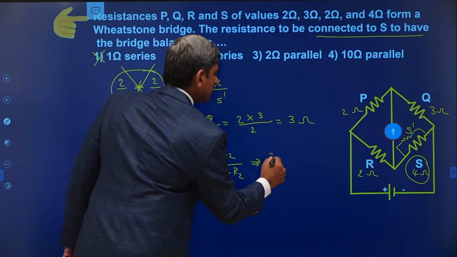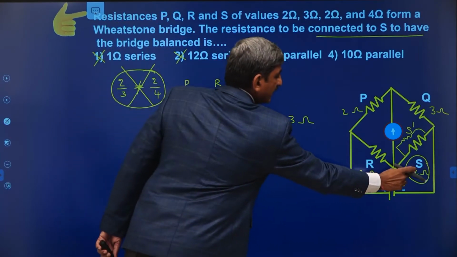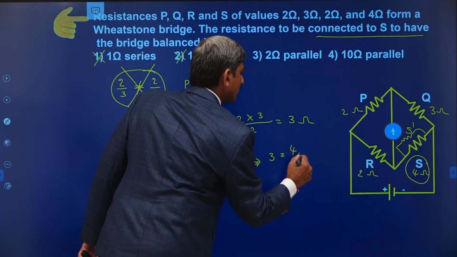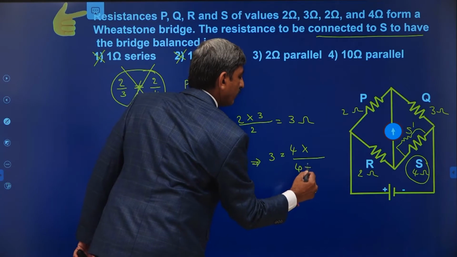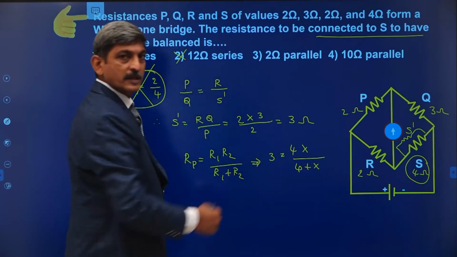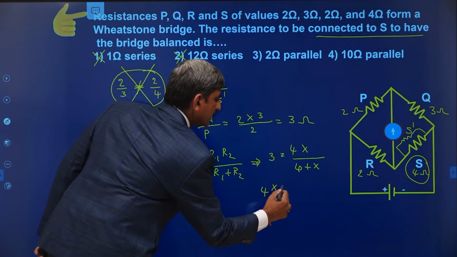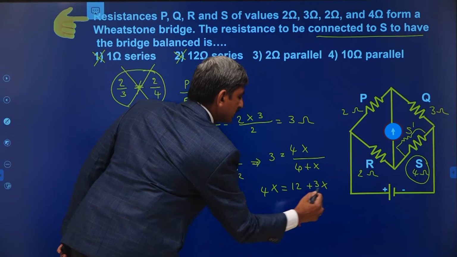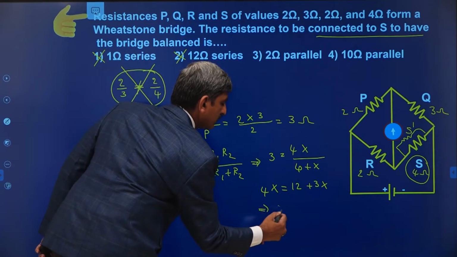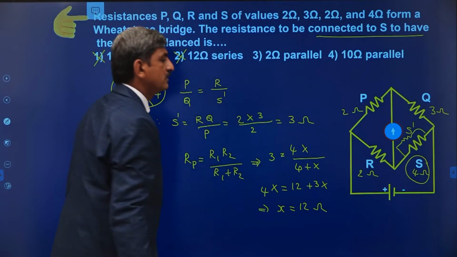The required resistance is 3 ohms, which is equal to the already available resistance 4 ohms, with the unknown resistance required being X, divided by 4 plus X. By cross multiplying we have 4X is equal to 12 plus 3X. So X is equal to 12 ohms.